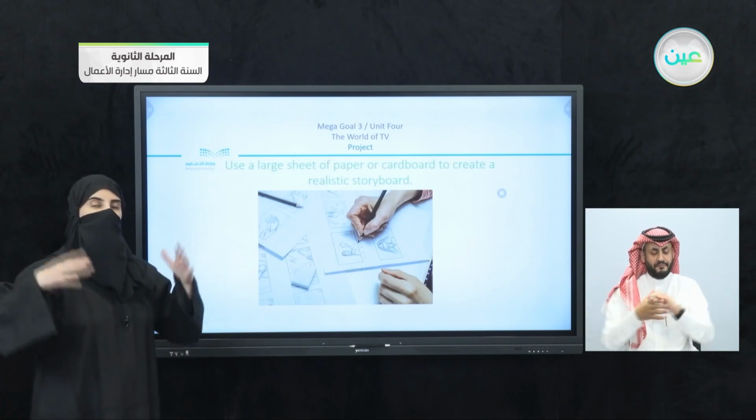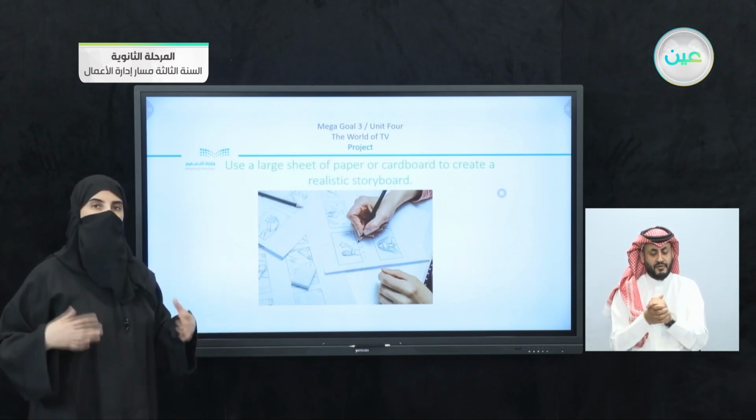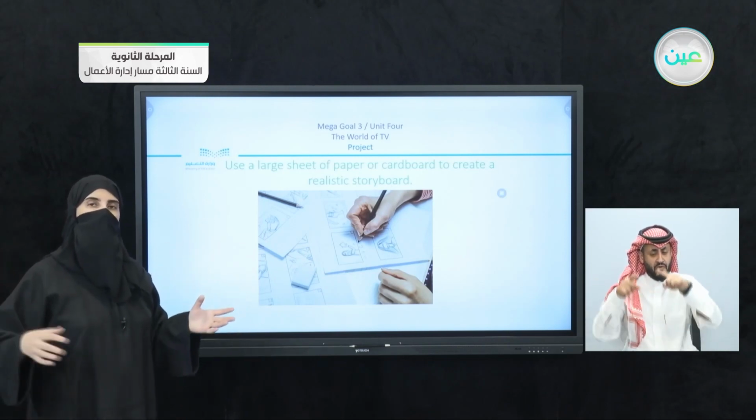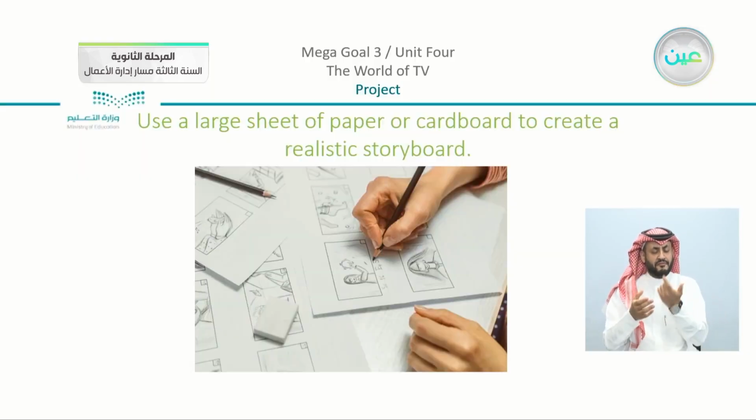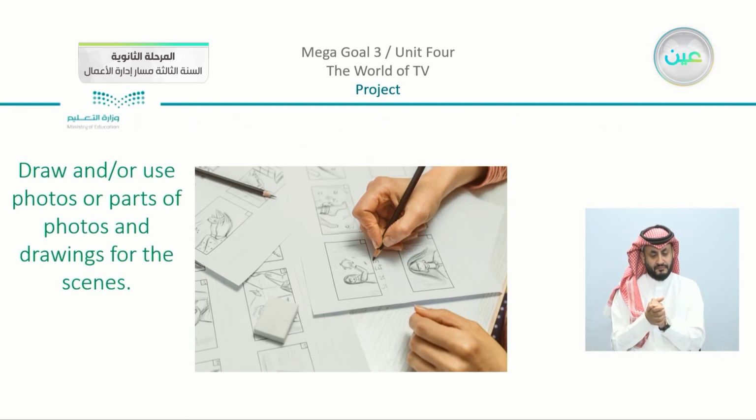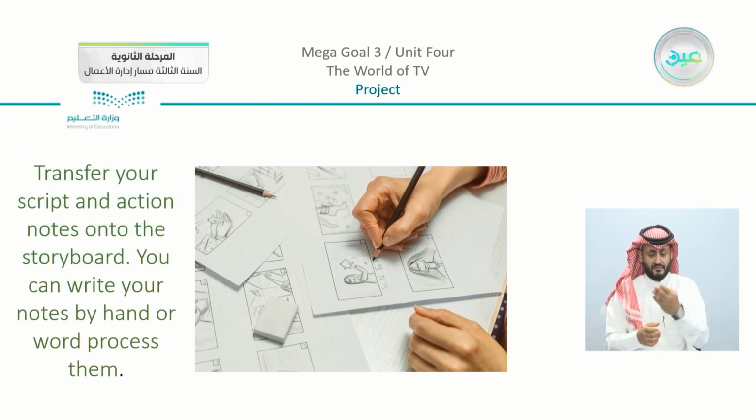You are going to make it on a big poster, on something creative, a large cardboard, and you're going to design the storyboard that you have. Now draw and or use photos or parts of photos and drawing for the scenes. So as you can see in the picture, there are different drawings for each scene.